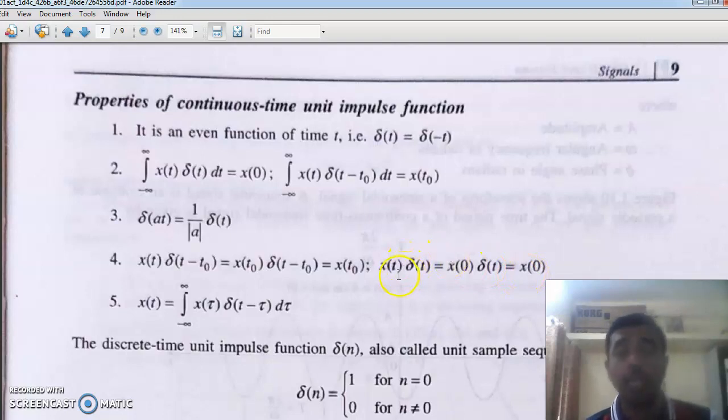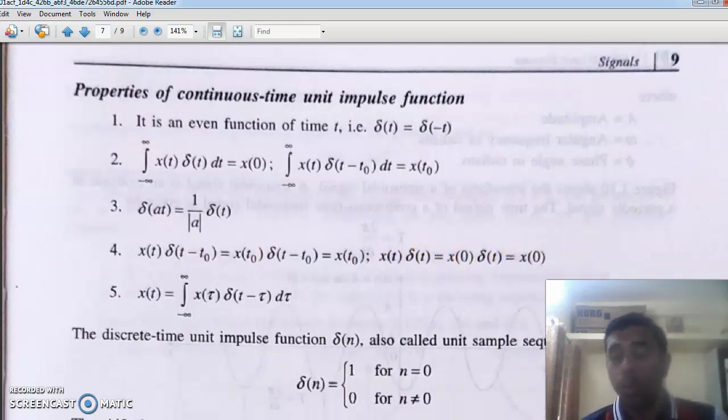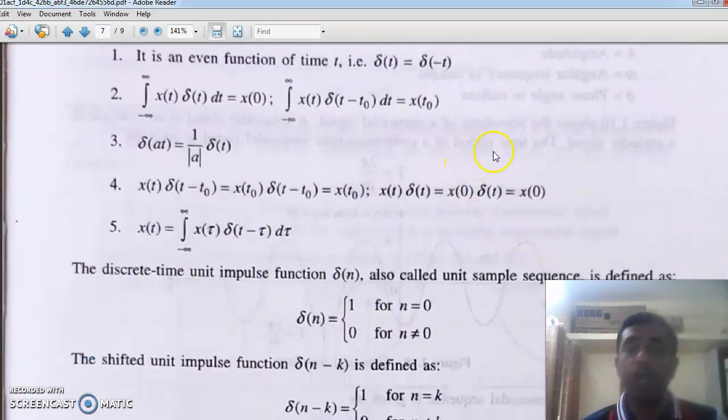Another corollary: x of t multiplied with delta of t is equivalent to x of 0 multiplied with delta of t. This is a very important conclusion: the value of the signal at a time, multiplied by delta, will be equal to that value itself.